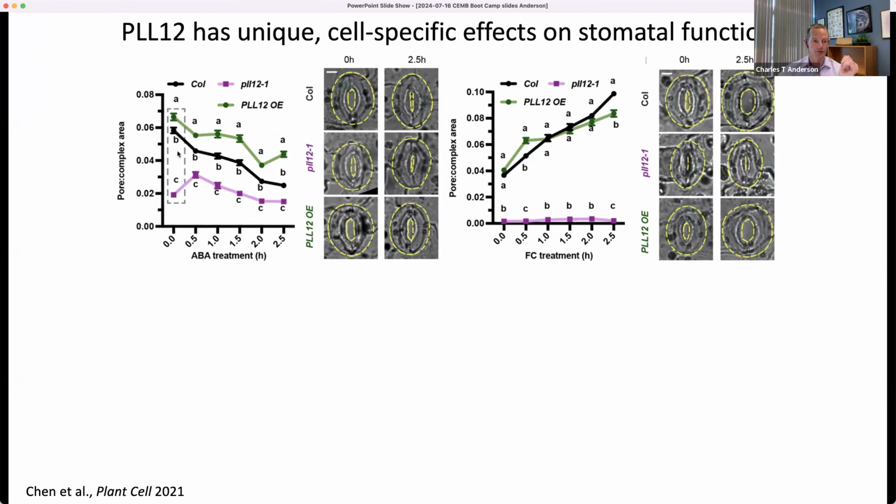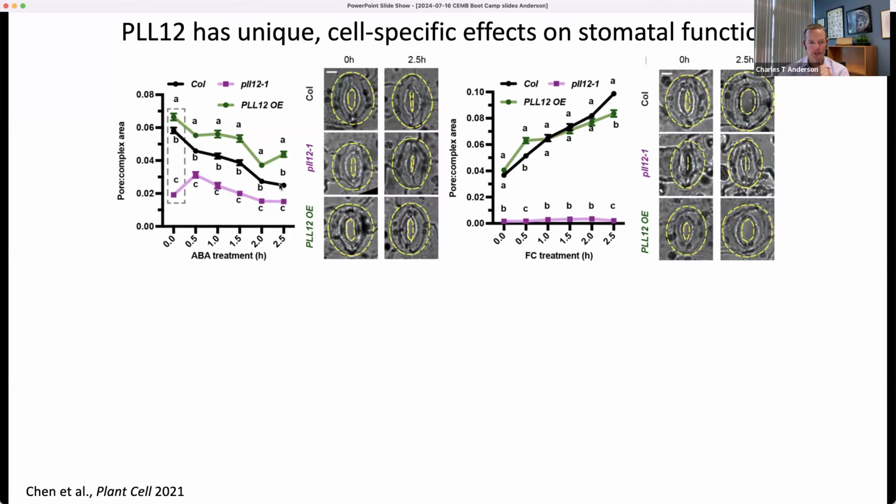In wild type, which is shown in black here, when we apply ABA to small leaves that contain the guard cells, we see a reduction in the ratio of the pore area to the complex area. We quantified this as a ratio rather than an absolute size of the pore because the PLL12 knockout plants had smaller overall stomatal complexes than wild type.